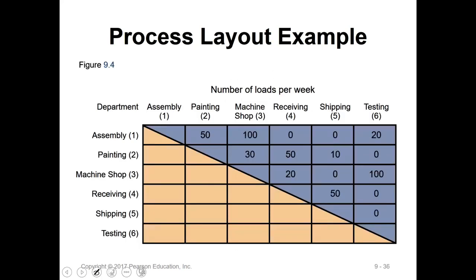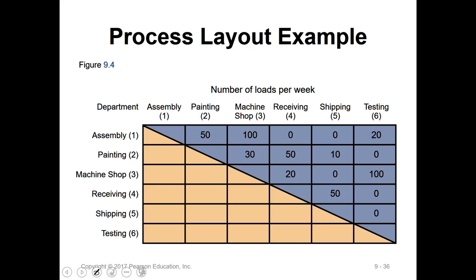This is an example of a manufacturing process layout. In this overall process, they need assembly, printing, machine, receiving, shipping, and testing. That's the 6 departments or 6 procedures, you can call them.